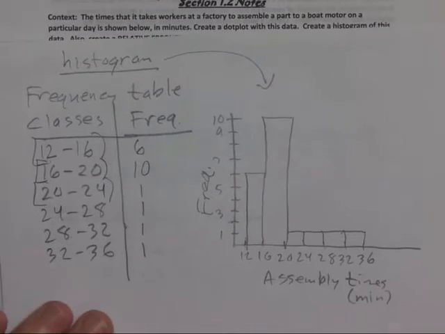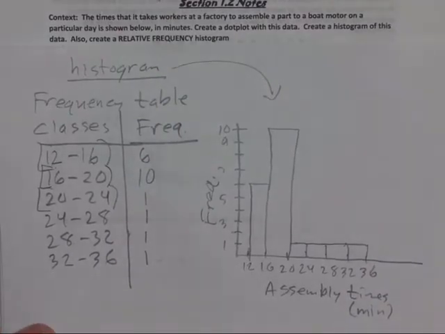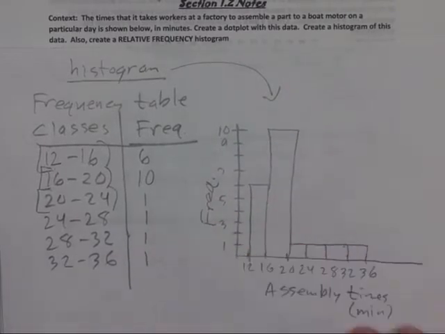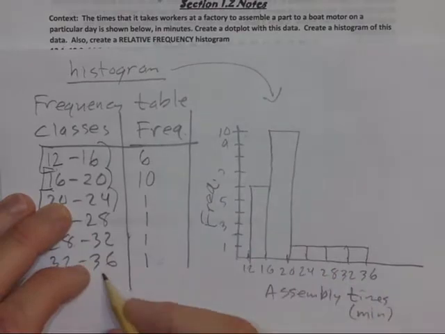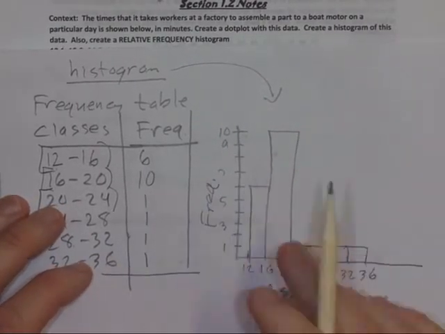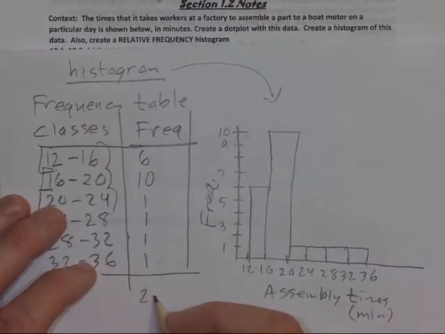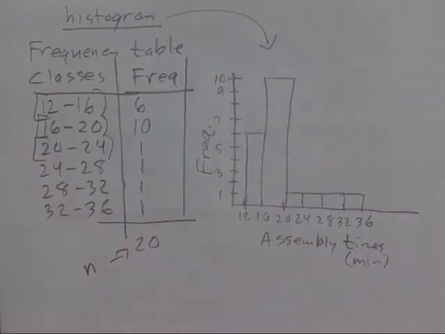And lastly, before we describe it, what is a relative frequency histogram? Relative frequency just means that as opposed to frequencies, we're going to put the percent of values. It'll actually look exactly the same. We need our total number of numbers. So we have 16, 17, 18, 19, 20. Our n is the notation for our sample size.